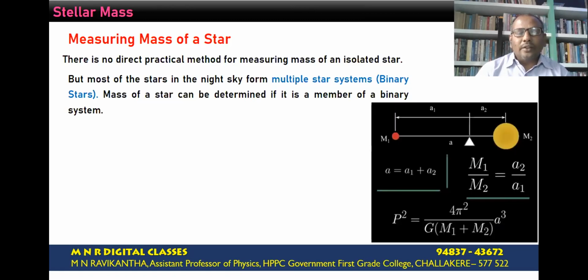If we take two stars having masses M1 and M2, revolving around one another about their center of mass, if A1 is the distance of the star of mass M1 from the center of mass, and similarly the distance of the star of mass M2 is A2, then A1 plus A2 is the distance of separation between the stars.